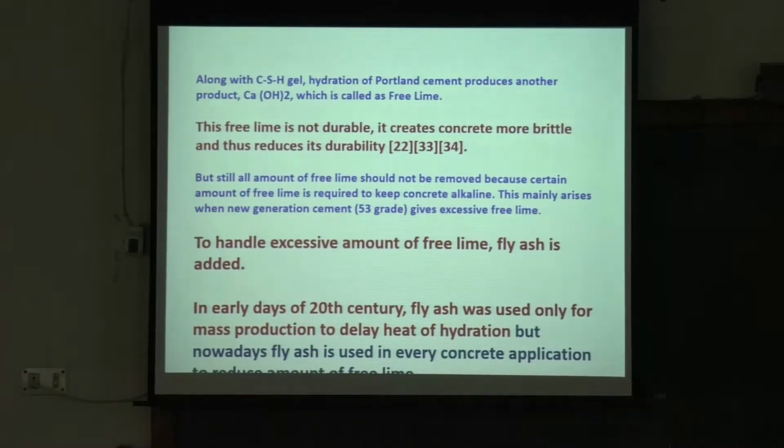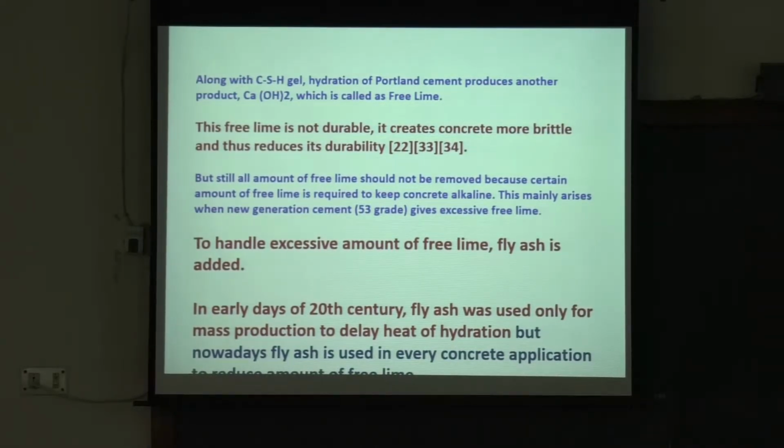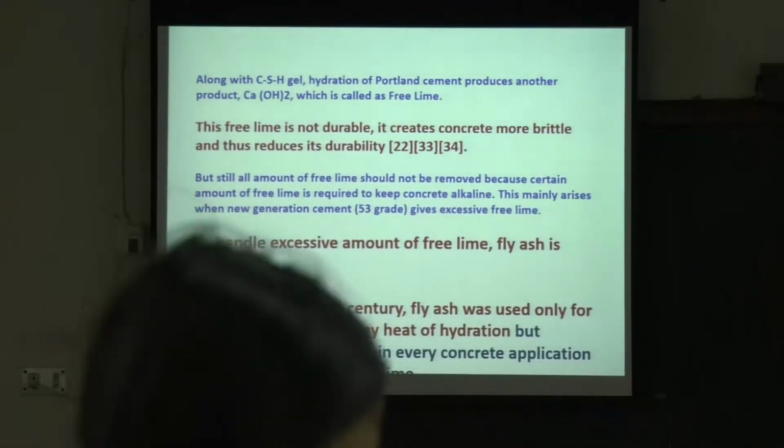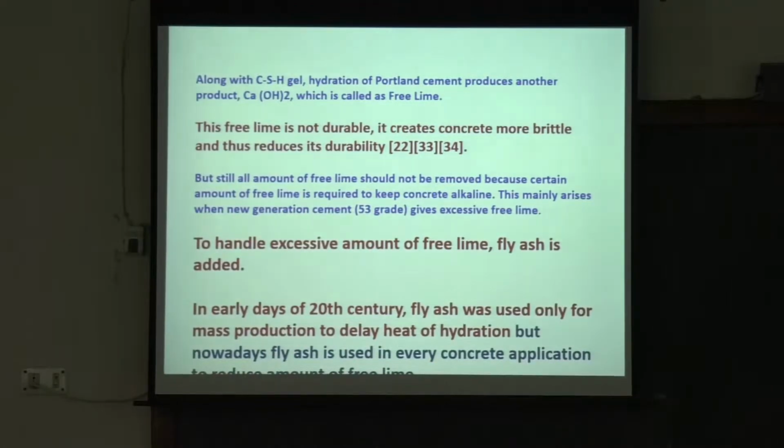But nowadays, fly ash is used in every concrete application to reduce the amount of free lime. Earlier, fly ash delayed the heat of hydration because heat would otherwise have been generated very quickly. But these days, fly ash is also used to handle the free lime.